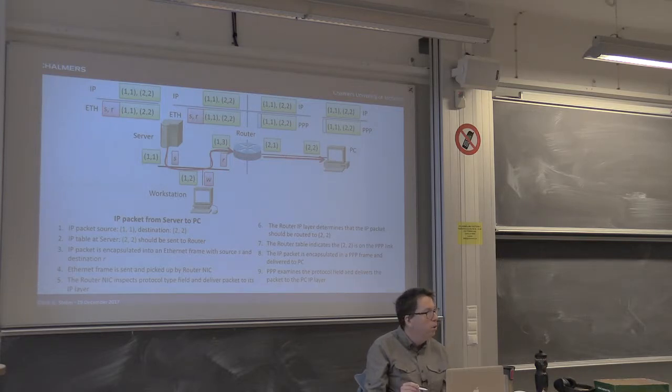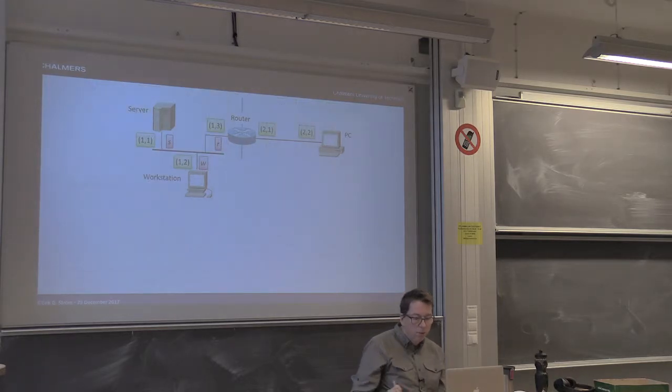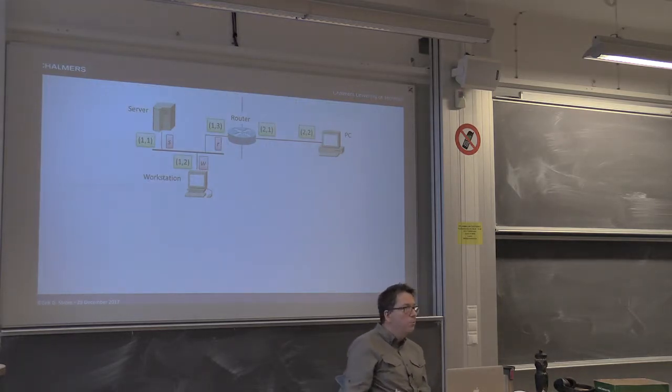And with the proper logic at the IP layers and the proper routing tables and so forth, we can provide connectivity between any two nodes in this network of networks.